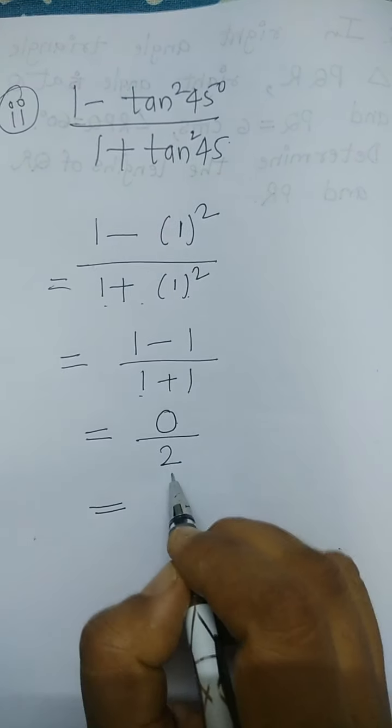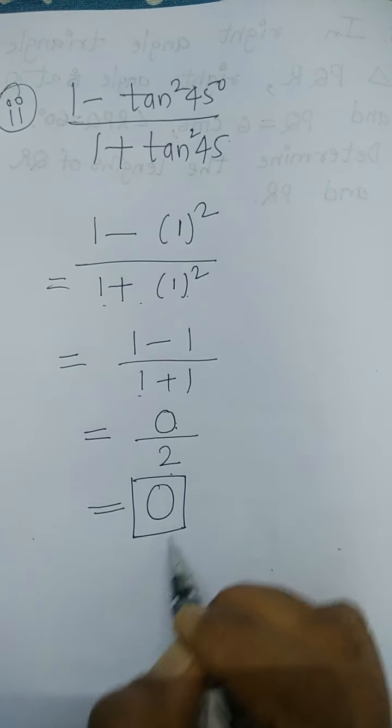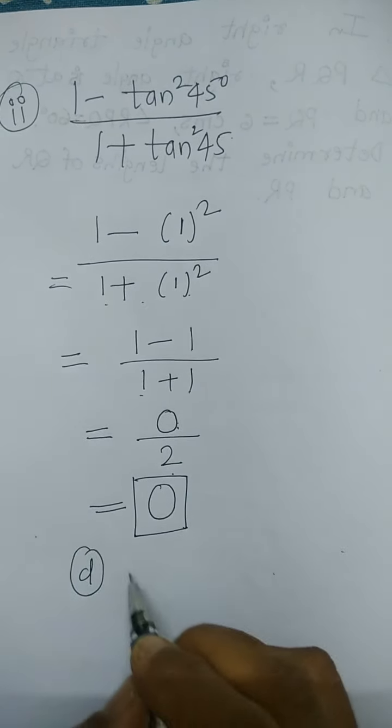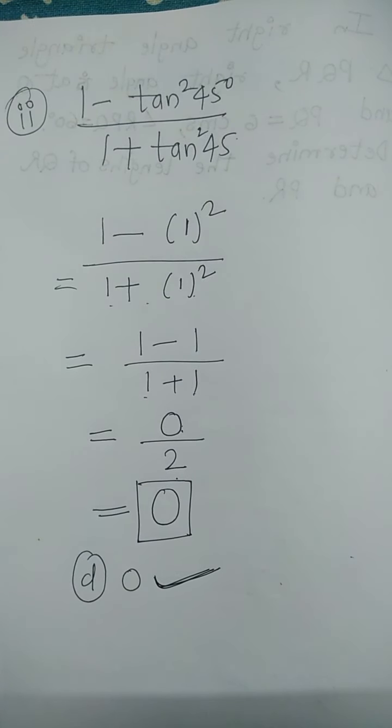So 0 upon 2, numerator is 0. Answer is 0. There are options given. D option is 0, so D option is correct. You have to select option D.